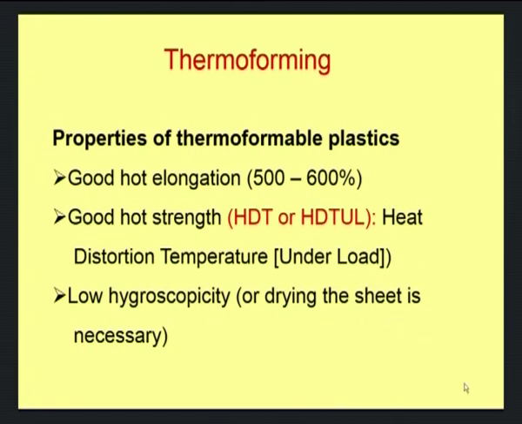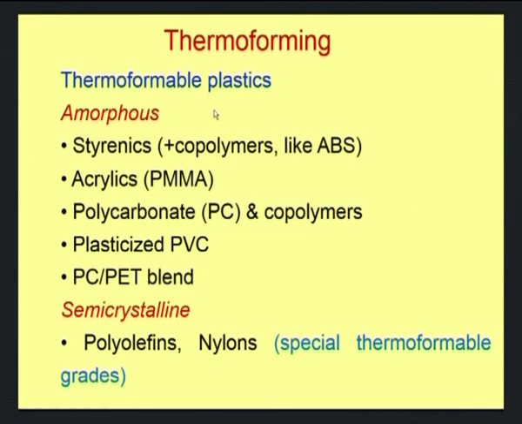If you look into the type of plastics, with respect to amorphous plastics, all styrene compounds or styrene based copolymers like ABS, acrylonitrile butadiene styrene could be thermoformed, and then acrylics, mainly PMMA, and polycarbonate and its copolymers, and plasticized PVC, not rigid PVC, could be thermoformed, and also polycarbonate and polyethylene terephthalate blend.